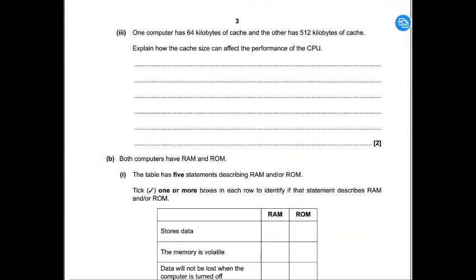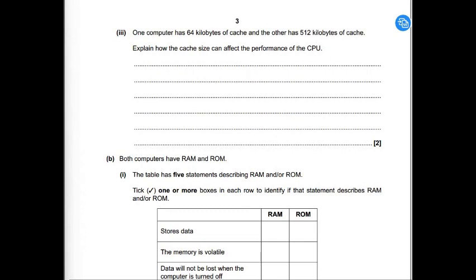Next one. One computer has 64 kilobytes of cache, and the other 512 kilobytes of cache. So we need to explain how the cache size affects the performance of the CPU.